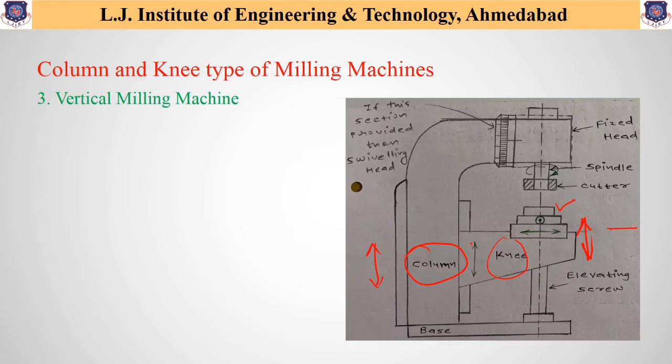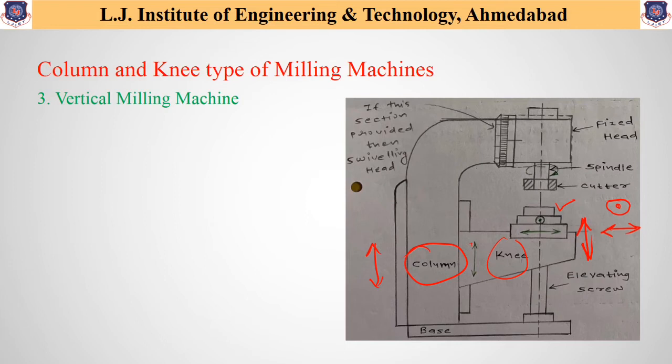Another movement, that is horizontal movement, can also be obtained with the help of the saddle and table, and similarly with the help of this cross direction movement, perpendicular to the plane, this movement can also be obtained. So similar to the horizontal milling machine, three movements, vertical, horizontal and cross movement, can also be obtained, but the arrangement in vertical and horizontal milling machine is different, and that is only the placement of spindle.